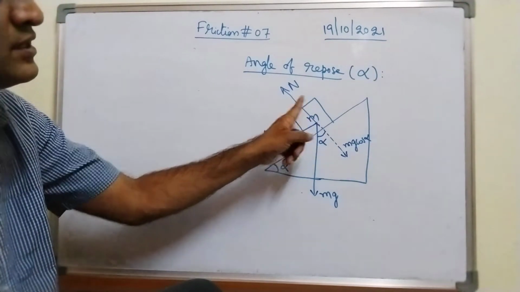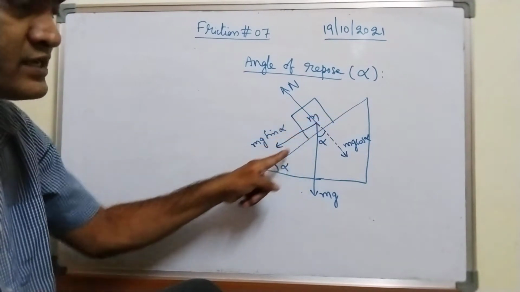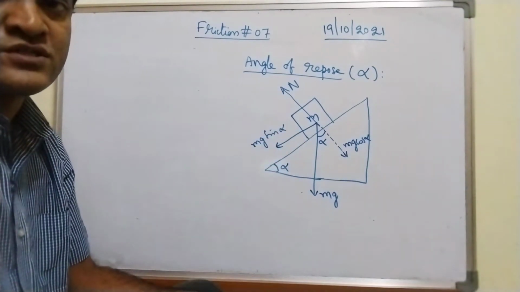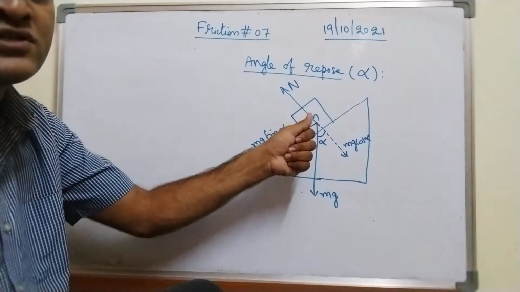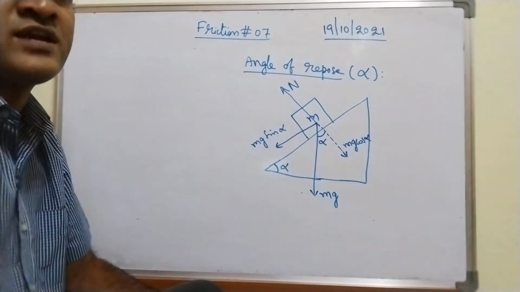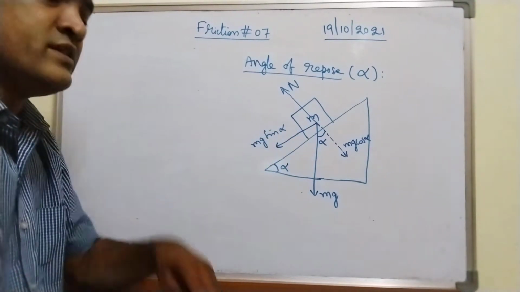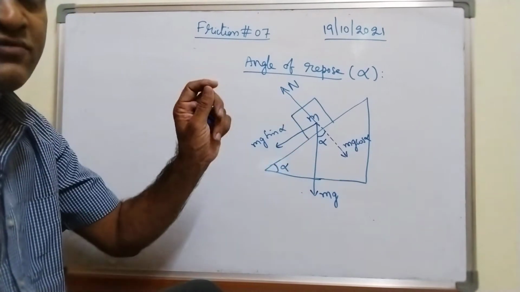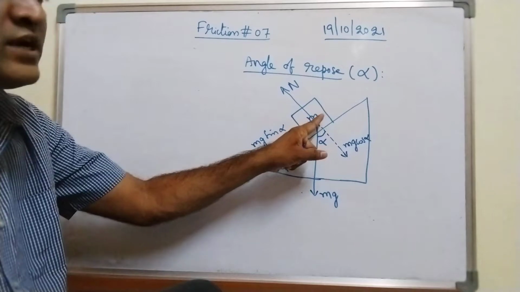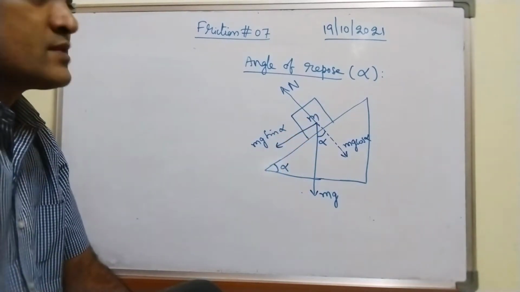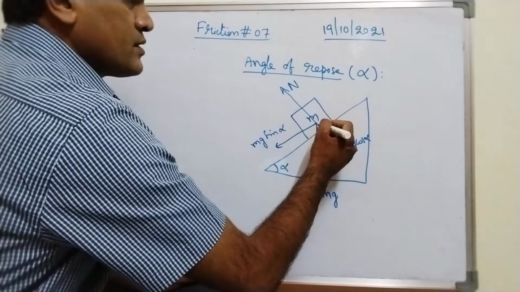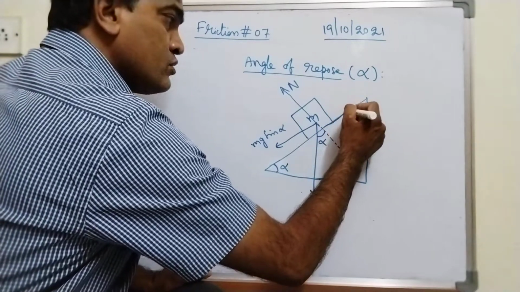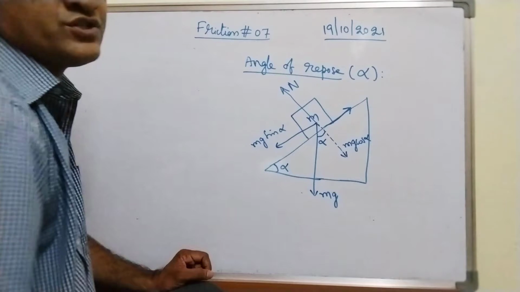In the same way, when I place a block on an inclined plane at a particular angle of inclination, the block is ready to slide down, but it is not sliding. The very next moment it will slide down, but at that particular angle, you have the maximum value of friction.